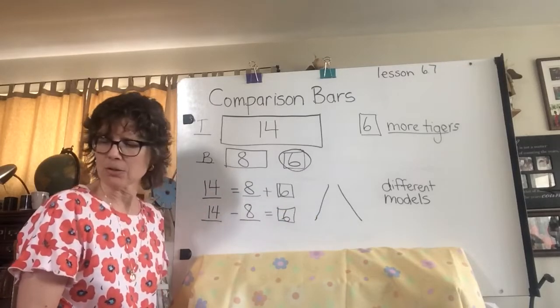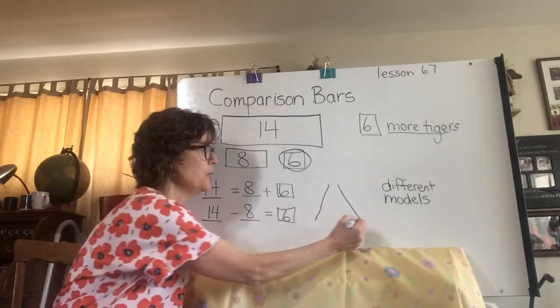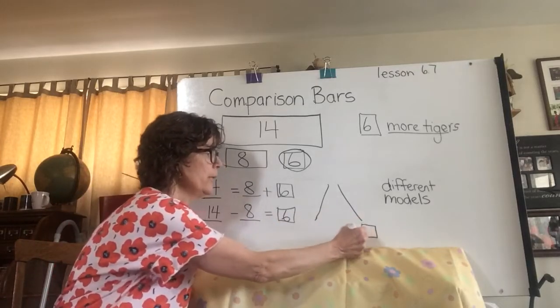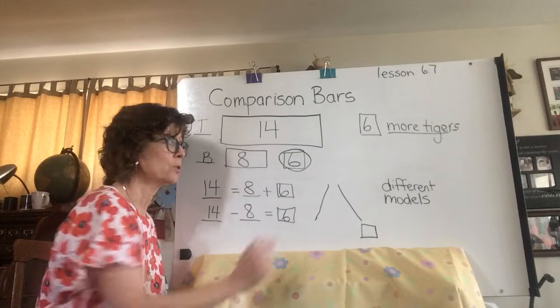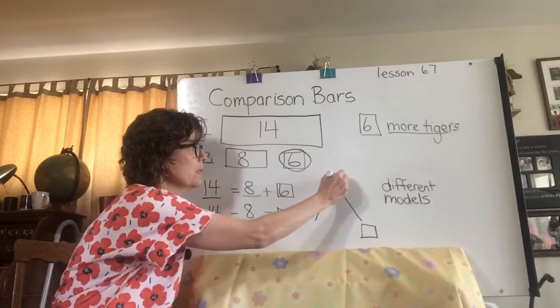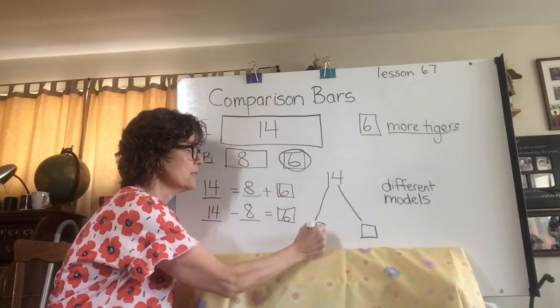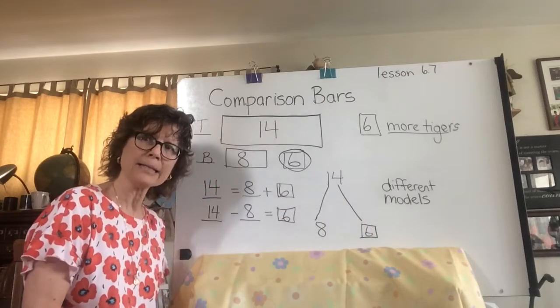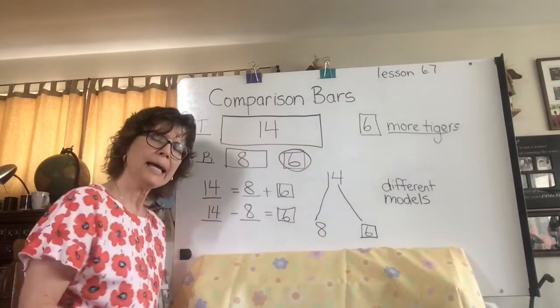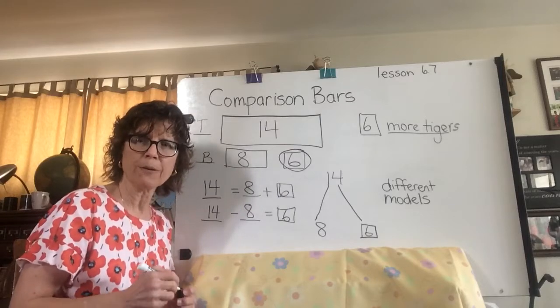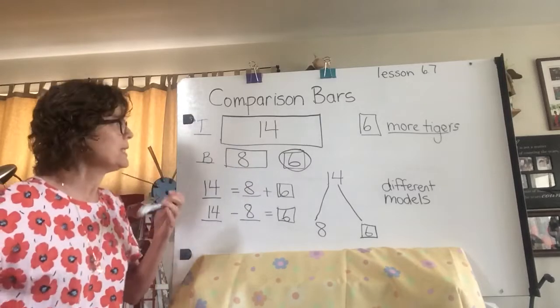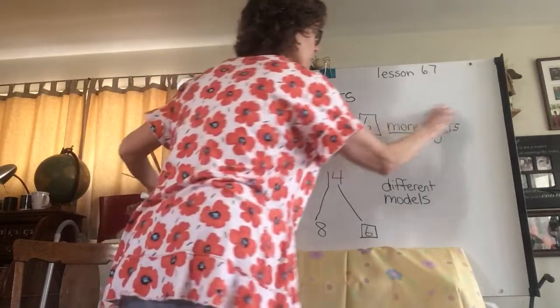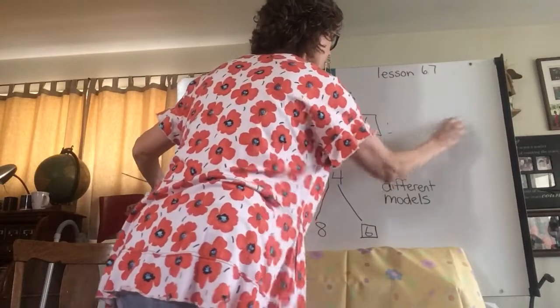There's our math mountain. We know the unknown. We know the total goes at the top. So I would do this. Again, this is something that you're going to have to practice for 2nd grade, but right now I'm just showing you the different models. All right, let me erase this quickly so I could show you another story problem.